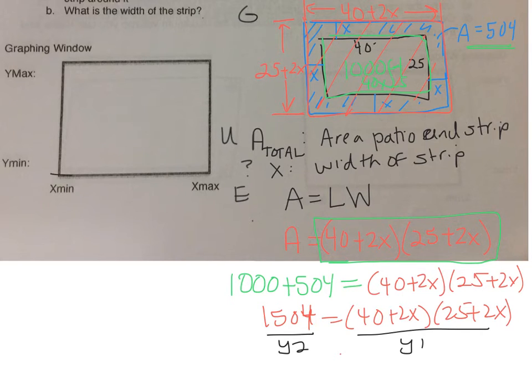Now think about it. On our y min and our y max, before we even set this up, we want to see this line, y2 equals 1504. So I know I want my y max to be something like 1600. And honestly, I don't need to see the very bottom of it, so I could say y min is 1000. And if I do that, I'll probably get a reasonable window.